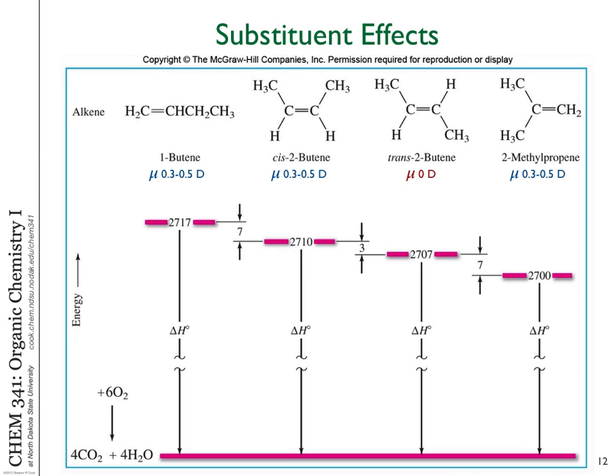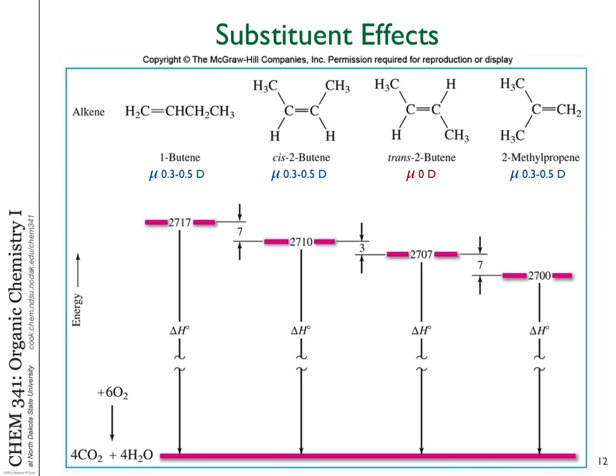Another part has to do with how those groups polarize a double bond. So when we polarize things, they tend to be higher in energy when we separate charge. One thing to recognize is that, just like when we talked about stability of carbocations, alkyl groups are electron donating groups. So they're pushing electrons towards the carbocation or towards a double bond.